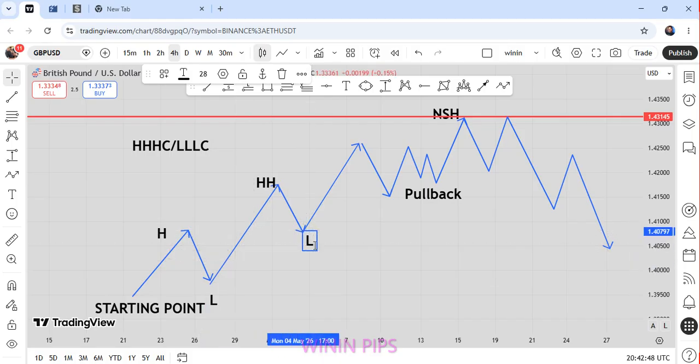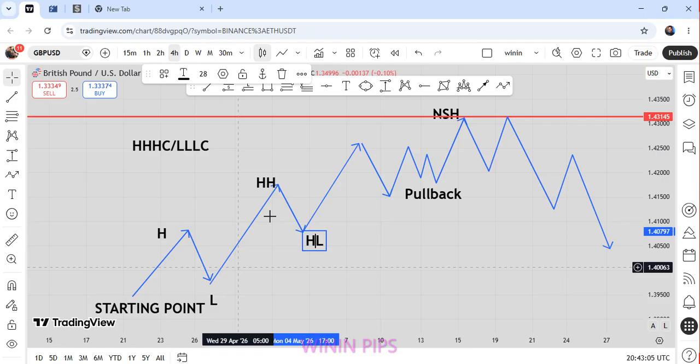So this is what? Higher low. So this is high, but this high is higher than this high, so this is a higher high. This low is higher than this low, so this is a higher low. So in an uptrend, you'll be getting higher highs, and the pullbacks will be higher lows, in that order.